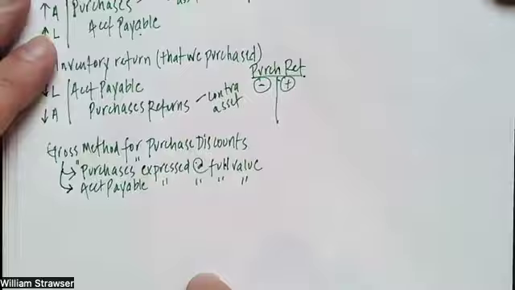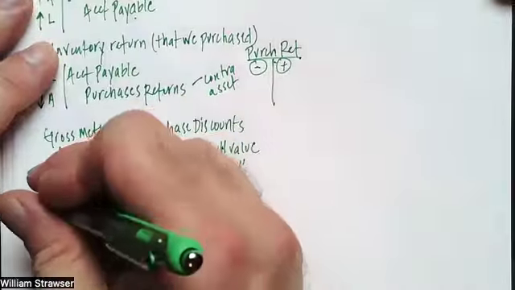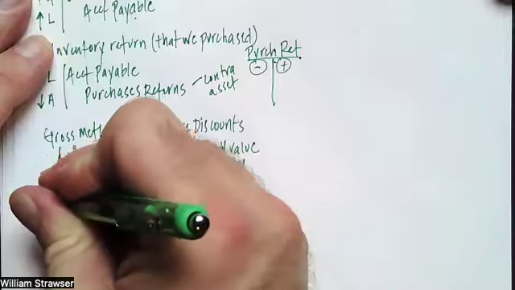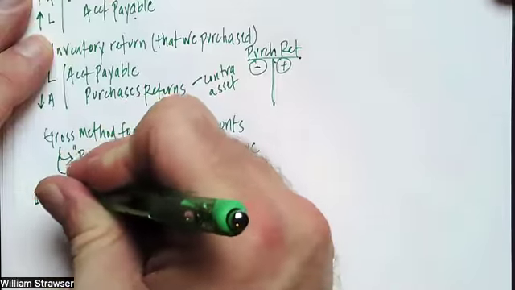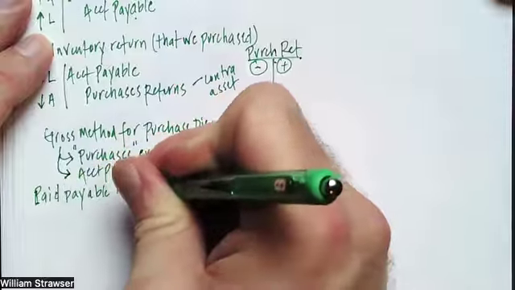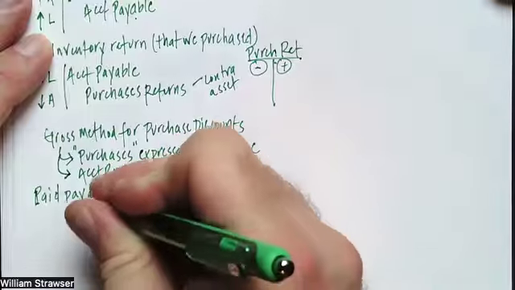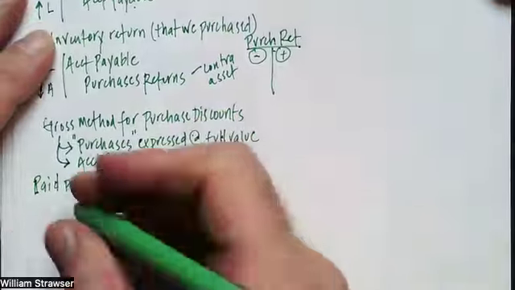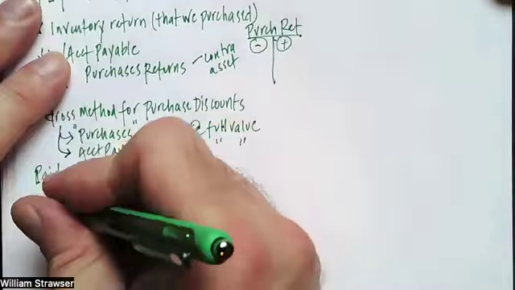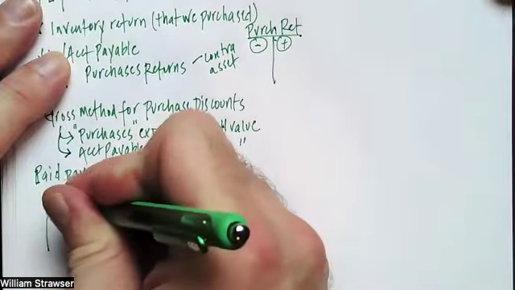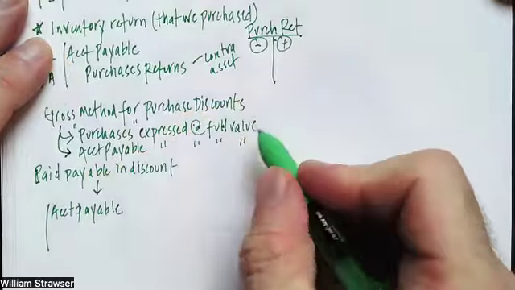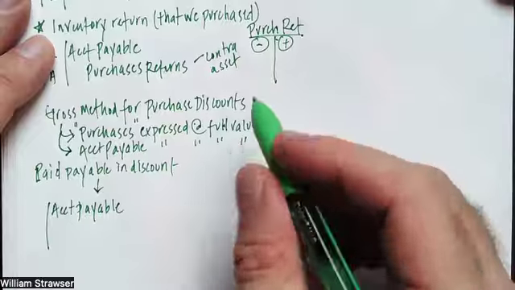Now, under the gross method, if we do pay in the discount, so we pay off our payable in that discount window, then we have an issue that arises because we have a full valued accounts payable. Because remember, under the gross method, we expressed that at full value when we bought it.